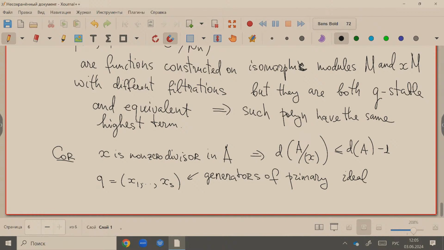Yeah, so d of A is less or equal than the minimum number of such generators.